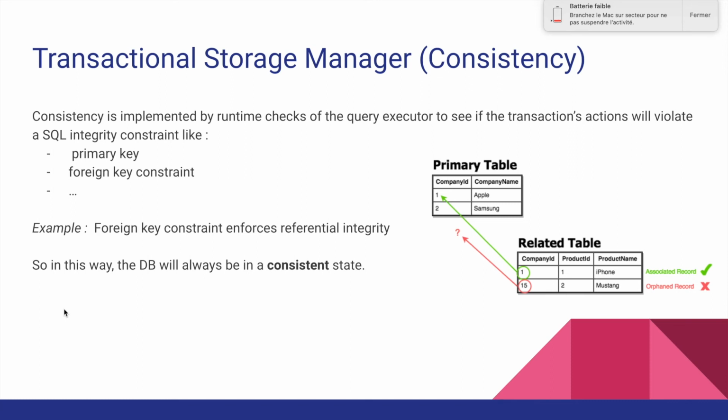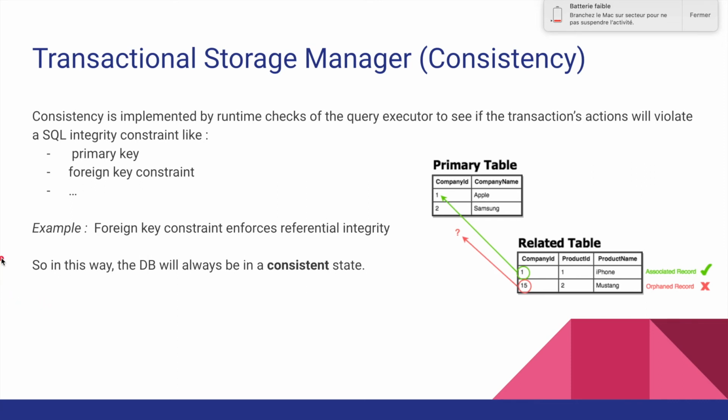Consistency is quite straightforward, this one. It doesn't depend on an element of the transactional storage manager. It is implemented by runtime checks of the query executor to see if the transaction's actions will violate a SQL integrity constraint, like for instance a primary key or foreign key constraint.